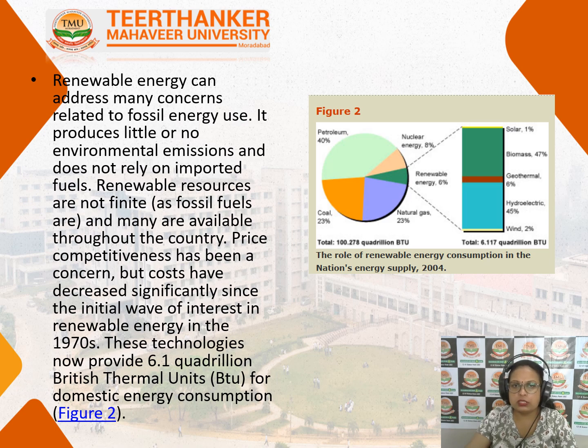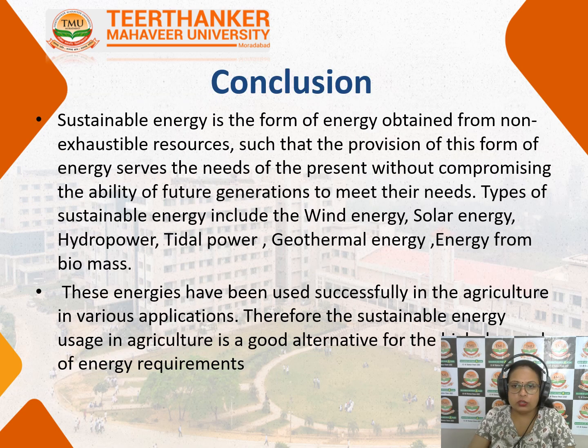But the more concerning thing is that these energies are coming from fossil fuel, so its burden should be reduced with the help of renewable energy. So this percentage should be increased. Now we can conclude from the present study that sustainable energy is a form of energy obtained from non-exhaustible resources such as wind energy, solar energy, hydrothermal energy, hydropower energy, tidal energy, geothermal energy, and biomass energy.